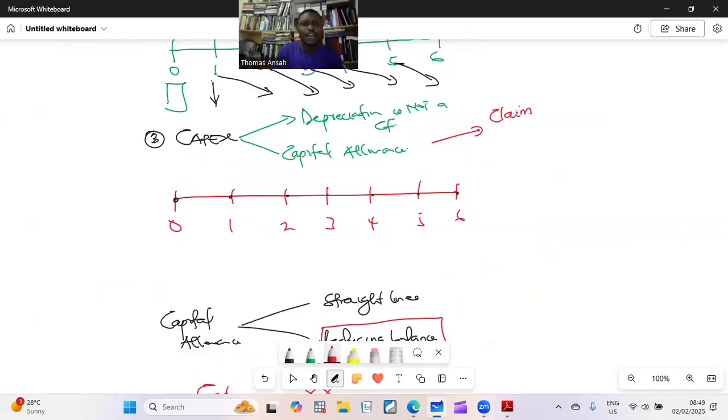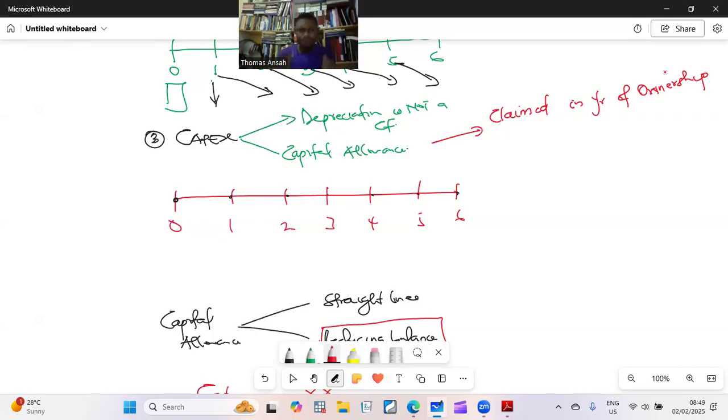You claim capital allowance in the year you use the asset to produce income. So in the year of ownership, if you don't own an asset, you can't claim capital allowance. Meaning that in the year that you dispose the asset, you will not get a capital allowance. What you can get is what we call balancing charge or balancing allowance.